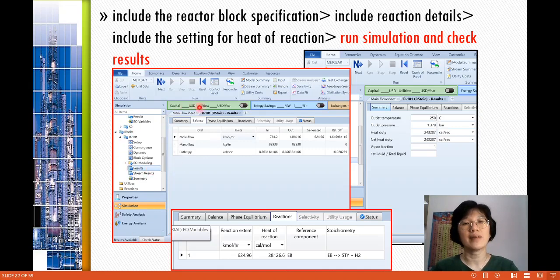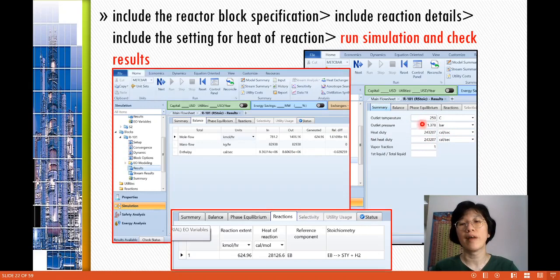You can have the mole balance and also mass balance. What is the molar flow rate in, molar flow rate out, and what is the enthalpy for the inlet and outlet. Based on the differences between the inlet enthalpy and outlet enthalpy, you can have the heat duty here.